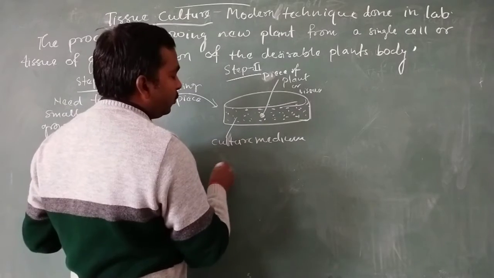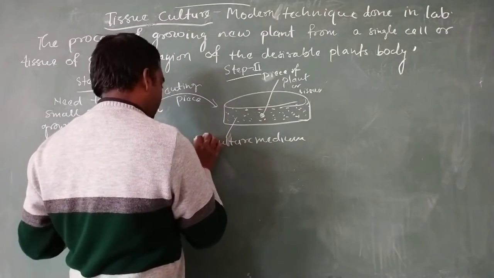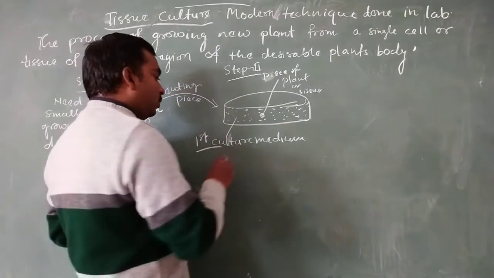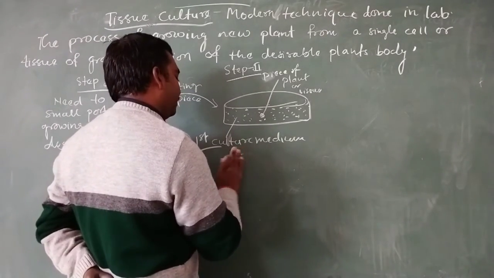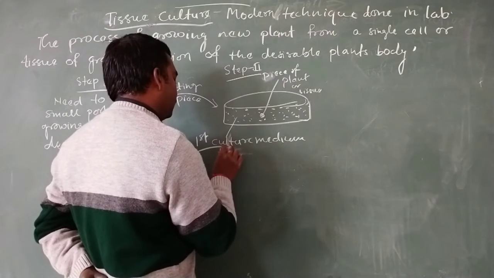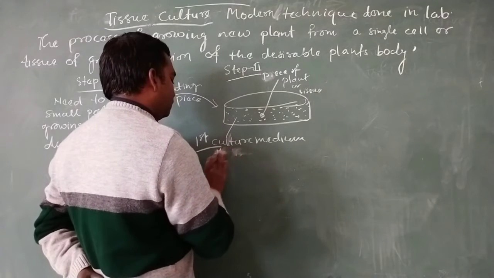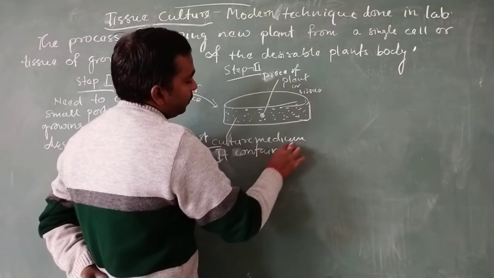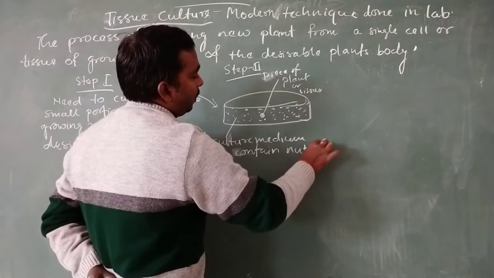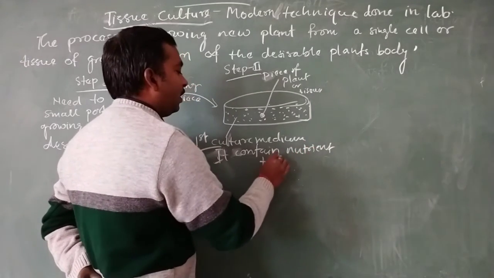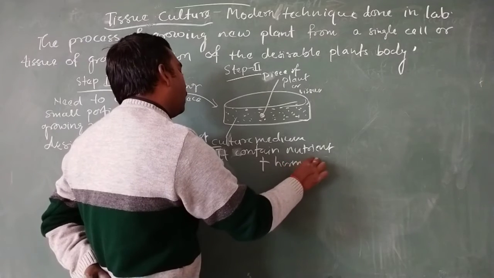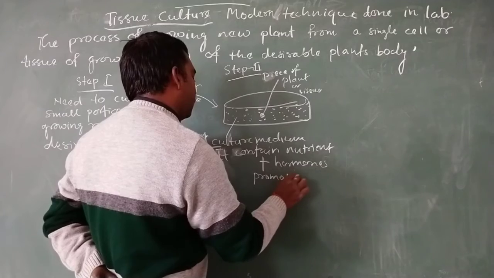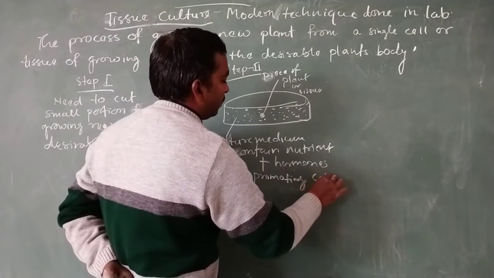In the second step, we use the first culture medium. The first culture medium contains nutrients plus hormones promoting cell division.